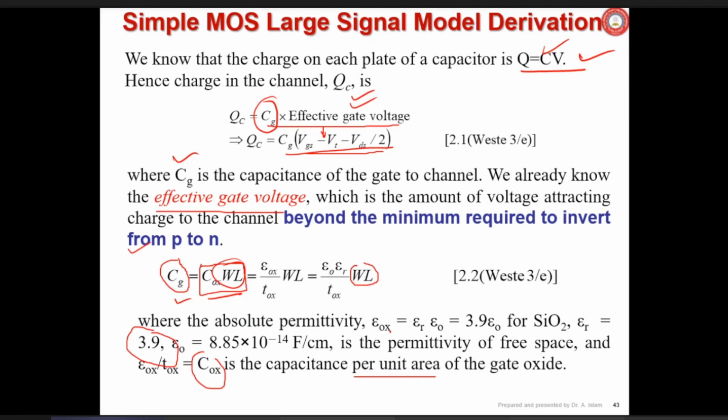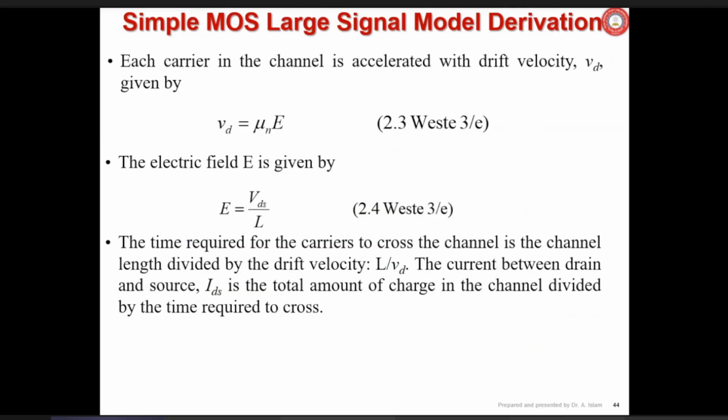We have the absolute permittivity epsilon ox equals epsilon R epsilon 0, where epsilon R is 3.9 for silicon dioxide, and epsilon 0 is 8.85 into 10 to the minus 14 farad per centimeter, the permittivity of free space. And epsilon ox by tox equals Cox, the capacitance per unit area of the gate oxide.